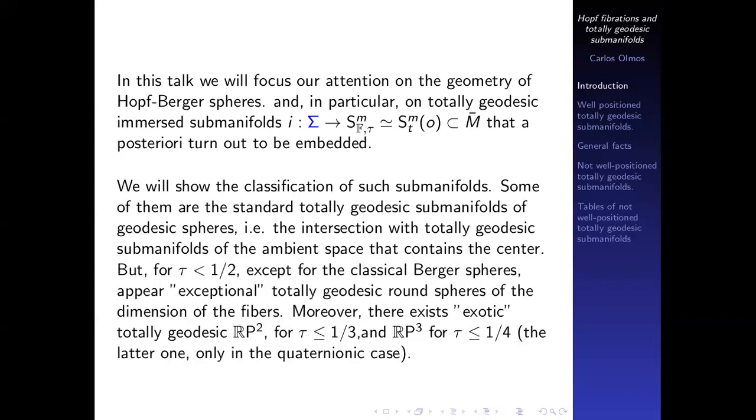But surprisingly, for tau less than 1/2, except for the classical Berger spheres, there are other ones. In the classical Berger sphere, when the fiber has dimension 1, associated to the complex Hopf fibration, there appear some exceptional totally geodesic round spheres of the dimension of the fibers.